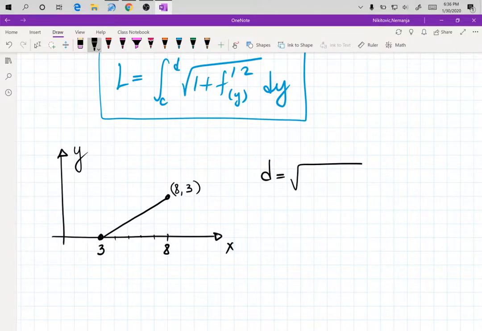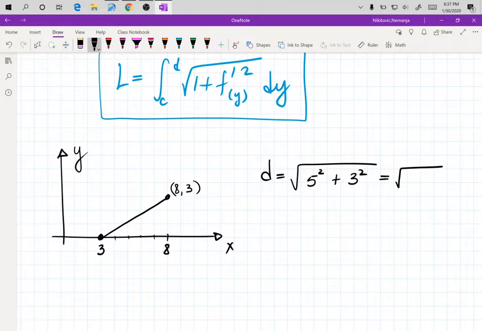And that's going to be the square root of x2 minus x1 squared, so that's 8 squared, plus y2 minus y1 squared. Wait, the other one was 3, so this is 5 squared, right? And this is 3 squared. The change in x is 5, so 5 squared, and then the change in y is 3, 3 squared. Good.